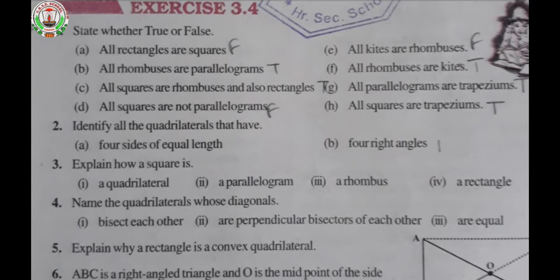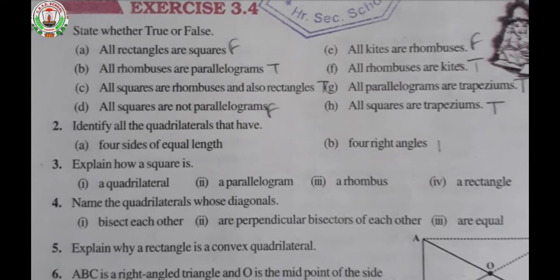The fourth question says, name the quadrilateral whose diagonals bisect each other. You have to name the quadrilateral whose diagonals bisect each other. Then in the second part, you have to tell the name of the quadrilateral whose diagonals are perpendicular bisectors of each other.